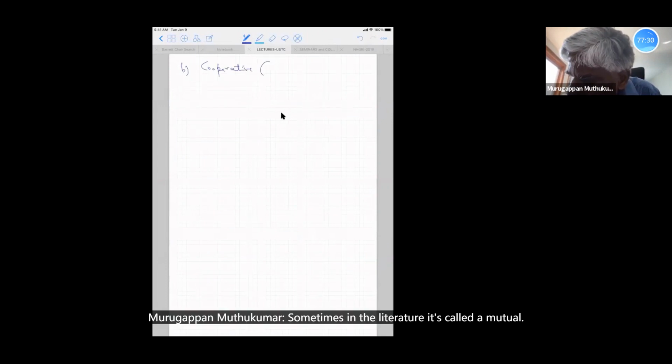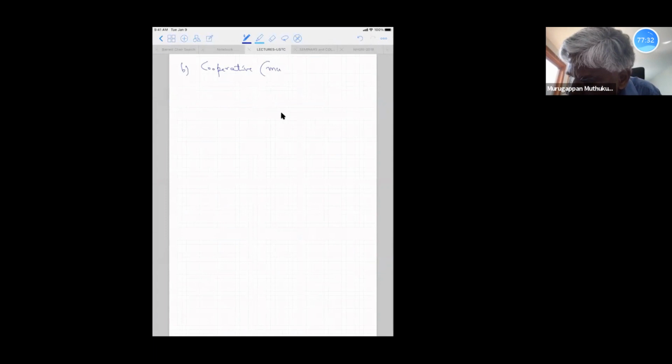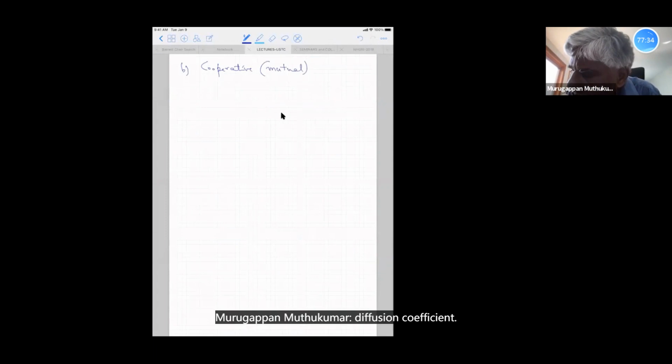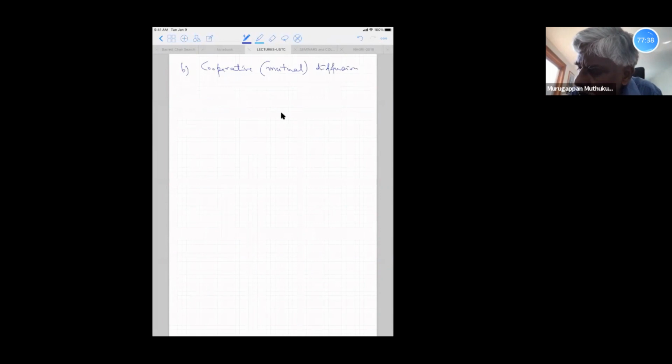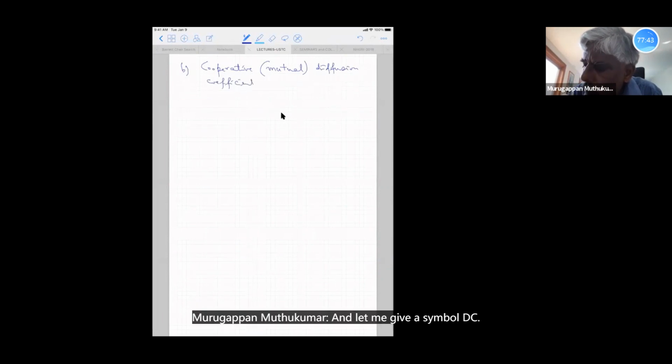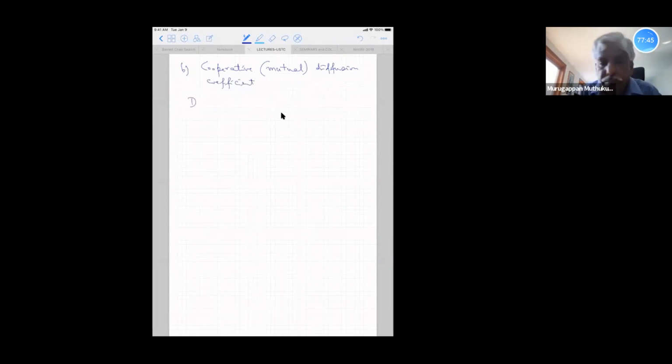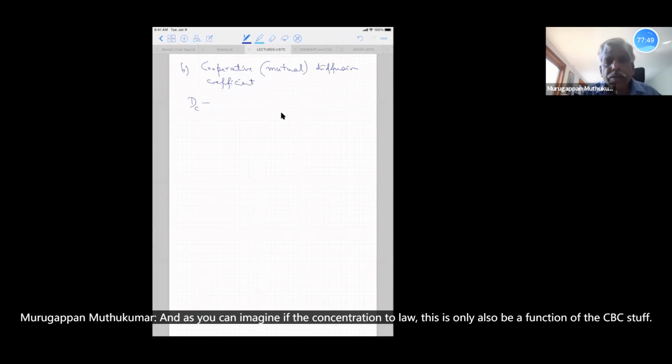Sometimes in the literature, it's called the mutual diffusion coefficient. Let me give it the symbol DC. As you can imagine, it is also going to be a function of C by C star.